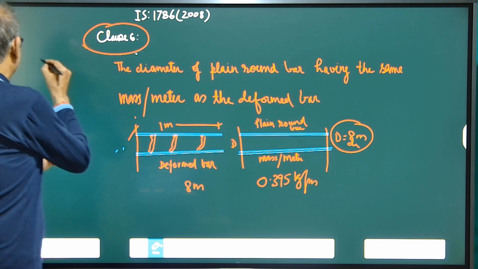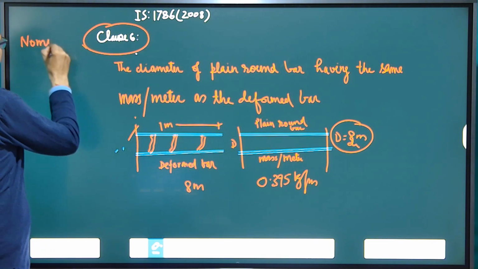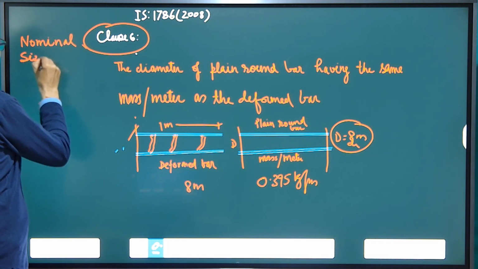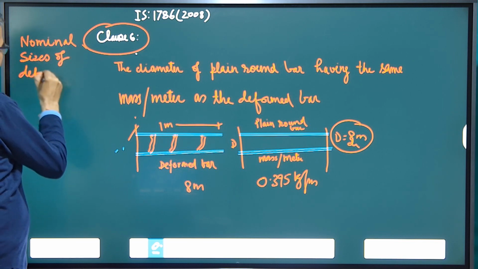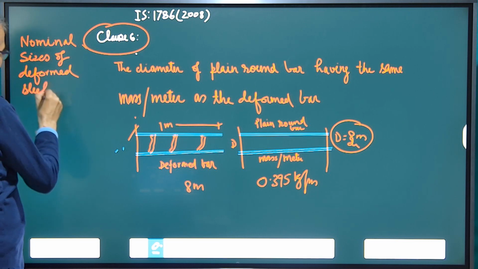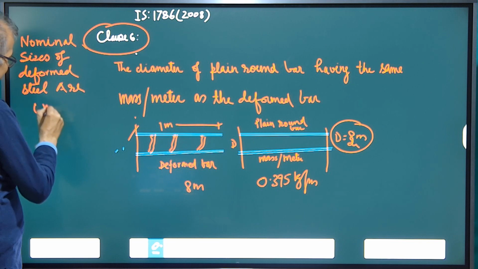So nominal sizes of deformed steel bars are in mm.